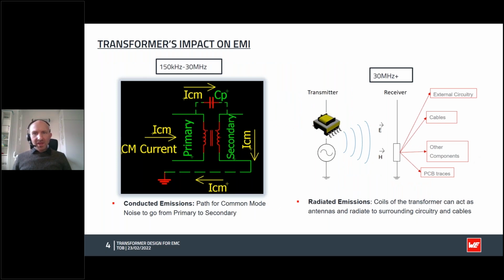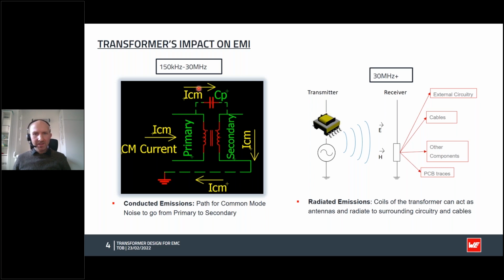So the transformer is of course a passive component and it doesn't generate any noise itself. However, in a switch mode power supply, the transformer's primary driving winding, so this winding here, is always connected to a switch, typically a MOSFET.